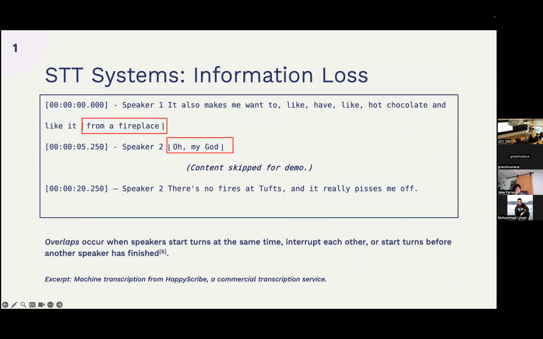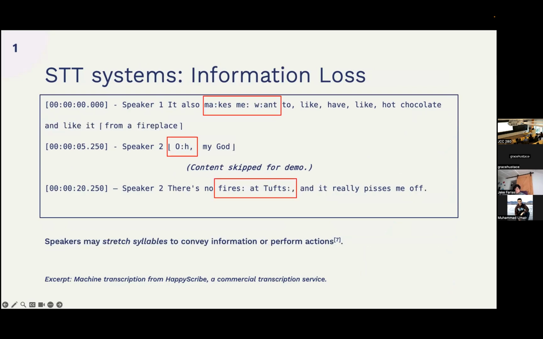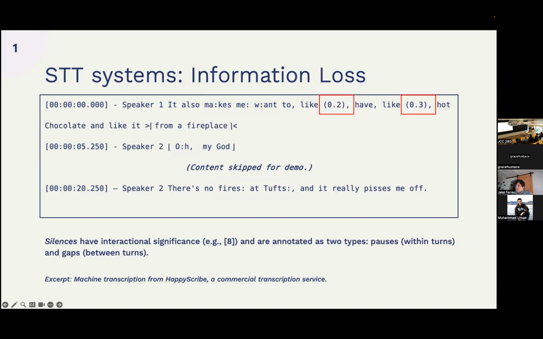For example, it doesn't capture overlaps between the two different speakers if they occur. It also doesn't capture stretch speech markers, which are also very important. For example, if I said "what" compared to "whaaat", the meaning is very different. It also doesn't capture pauses and gaps, which we know can communicate things like hesitation or frustration.